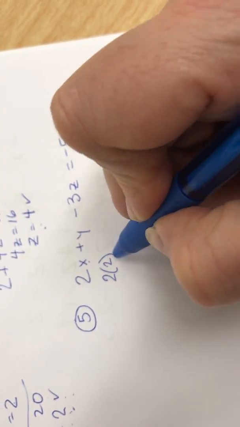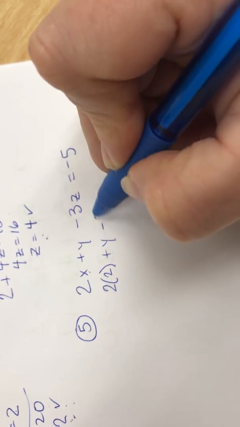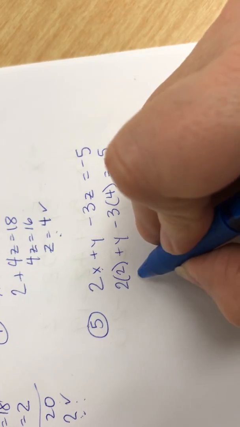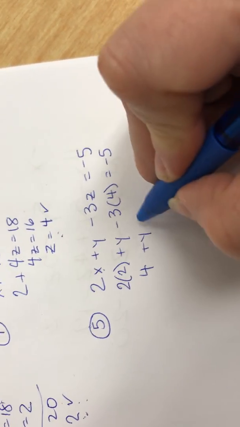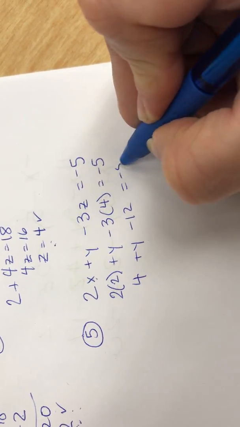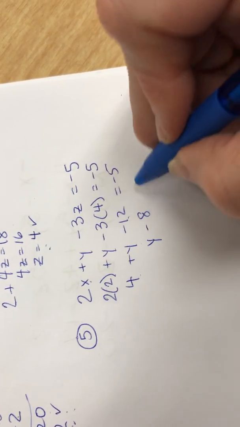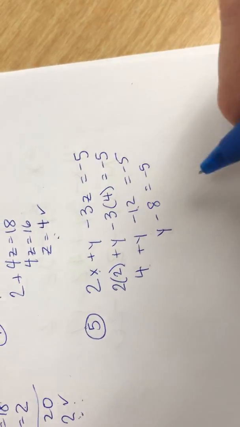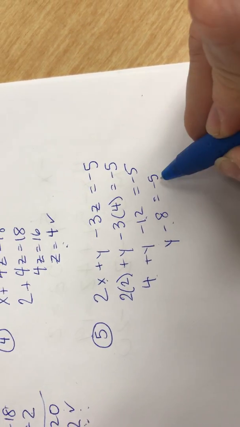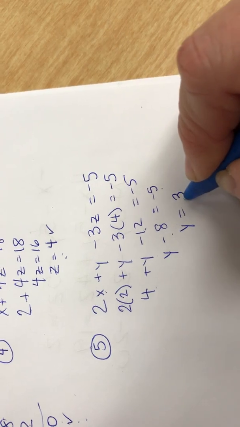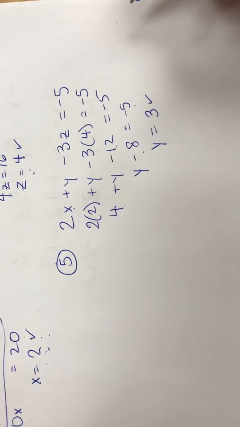So I got a 2 for x. I did not solve for y. I got a 4 for z. So that's 4 plus y minus 12 equals -5. Which is really y minus 8 when I combine, equals -5. I'm going to add the 8 to both sides, and I get y equaling 3, which is what I got up there. Okay, so that checked.